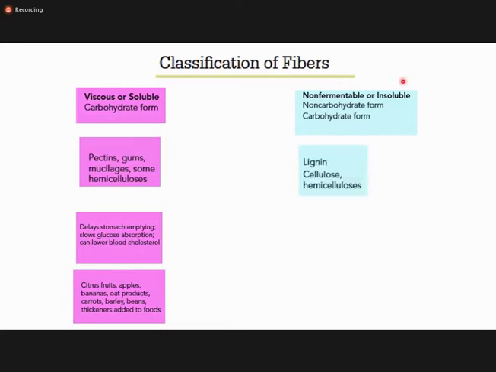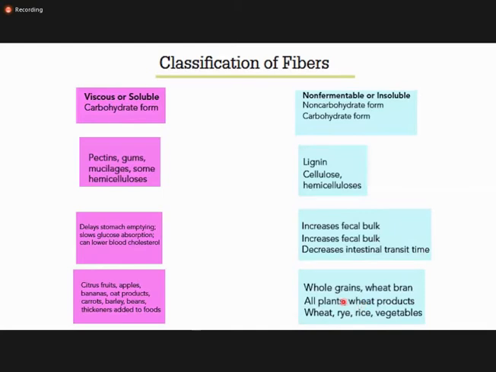So these are some of the food items that contain these soluble fibers. The non-fermentable insoluble fibers can be of two types: carbohydrate and non-carbohydrate. Lignin is a non-carbohydrate form, whereas cellulose and hemicellulose are polysaccharides. The major function is that it increases the fecal bulk, provides roughage to the feces, and decreases the intestinal transit time.